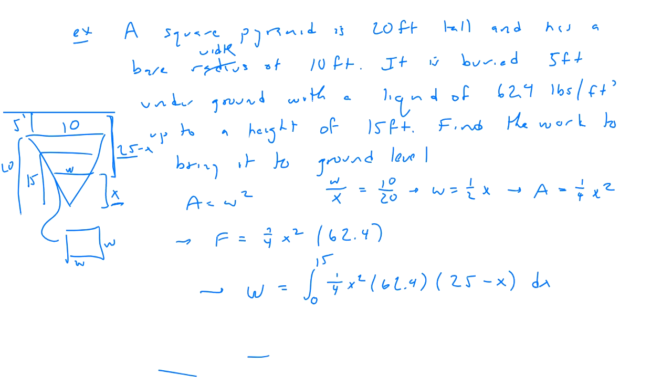So here's one possibility, and then let me do the other possibility and talk about why we get the difference. So here's my variation. Same numbers. But now let me call x the distance I'm going to move it.